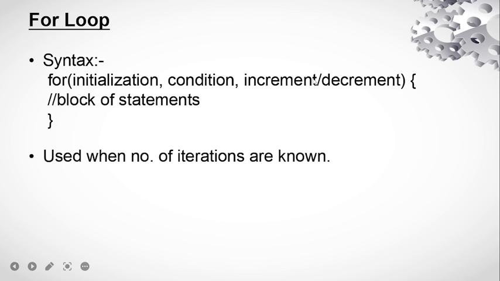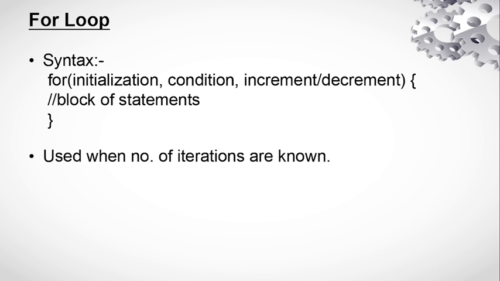Then it checks the condition again. If the condition is satisfied, it executes the block of statements, and again increments or decrements, so the loop executes in this manner. Every time the loop executes, the condition, increment or decrement and block of statements are involved, but the initialization is executed only once. So this is the concept behind using a for loop.